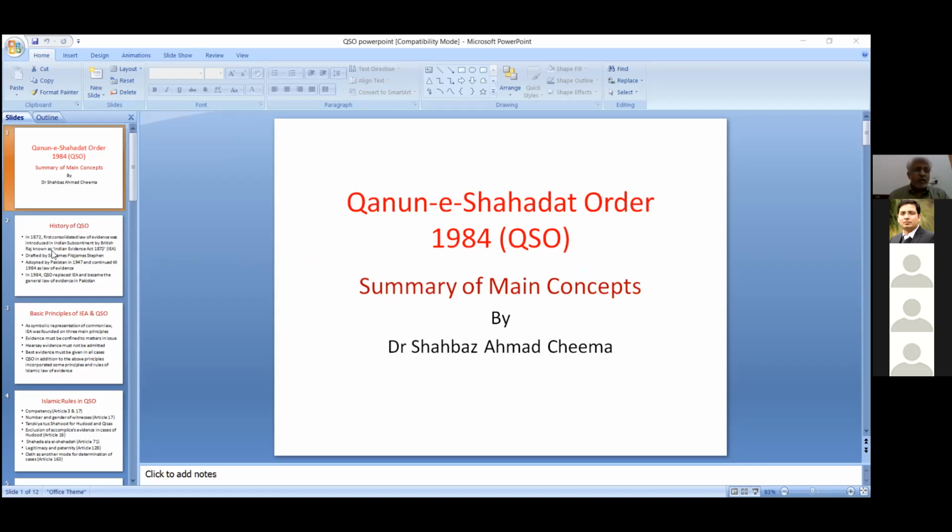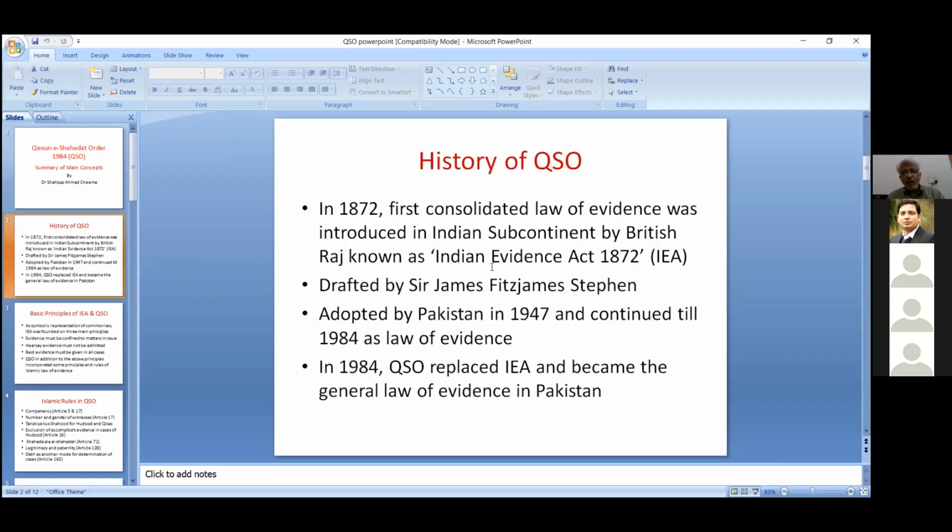So the first slide deals with the history of law of evidence. The law of evidence which we have at the moment, which was enacted in 1984, was basically drawn from the Indian law of evidence, which was enacted initially in 1872. The author of the law of evidence was Sir James Stephen, who was law counselor appointed by the British Raj to carry on the enactment process here in the Indian subcontinent.